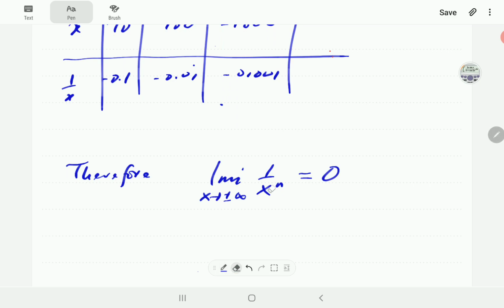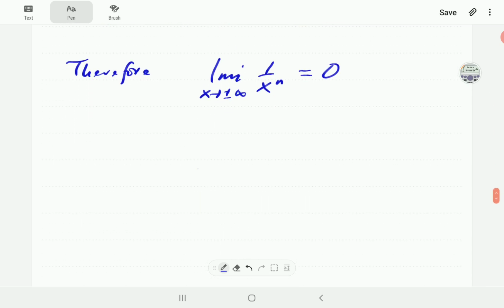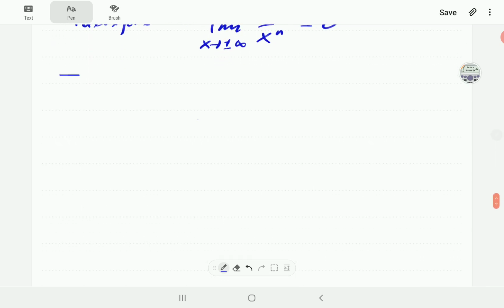What's happening is that you have a fraction and the denominator keeps becoming bigger and bigger and bigger. And whenever you've got a fraction whose denominator is becoming bigger and bigger, the value of the fraction is going to 0.